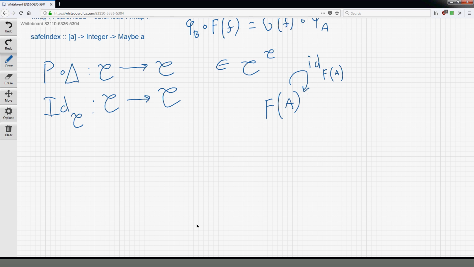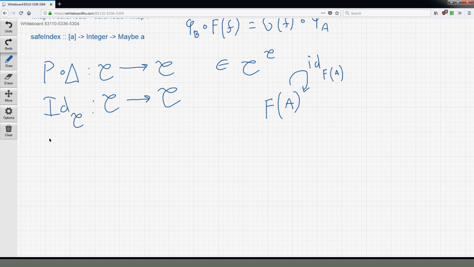But in the category of categories, the morphisms between objects don't form a set, they form a category. So in order to consider two functors to be equal, well, we can't. They're the objects in a category. We have to consider them equivalent if there's a natural isomorphism between them.